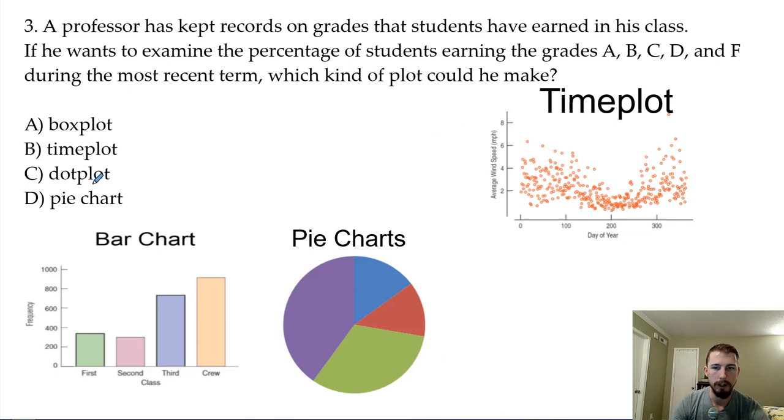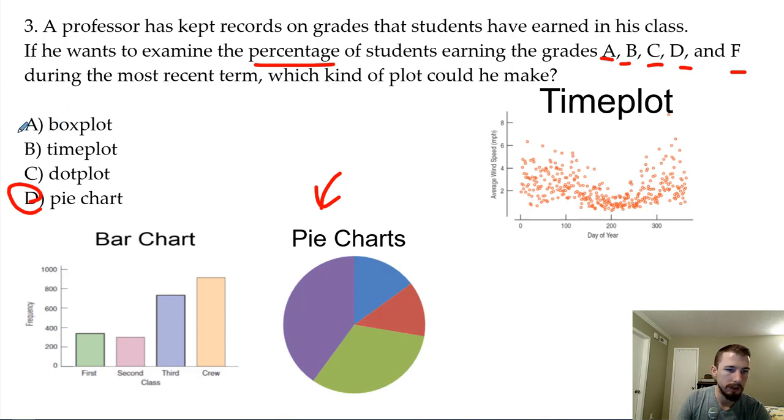Professor has kept the records of grades here in the class and wants to examine the percentage of students earning the different grades. So he wants to see the percentage breakdown. When we're dealing with percentages, we break down percentages with a pie chart, basically. Also, this is categorical data, so we're talking about A's, B's, C's, D's, and F's.